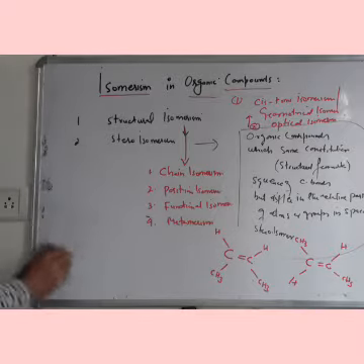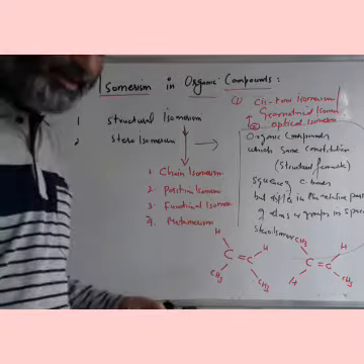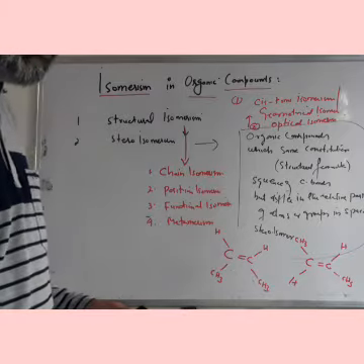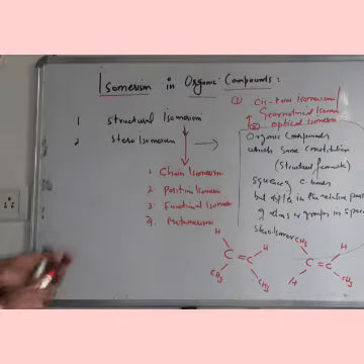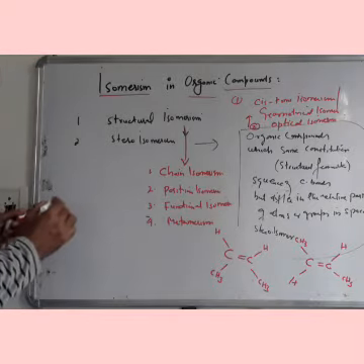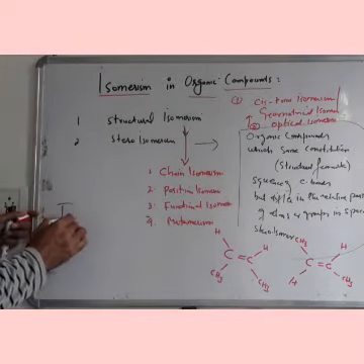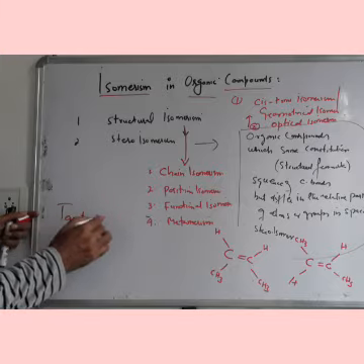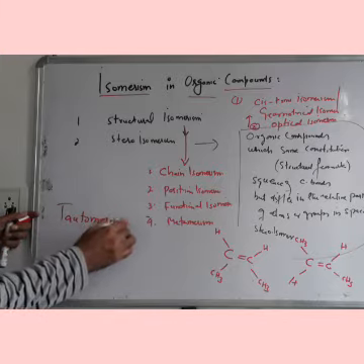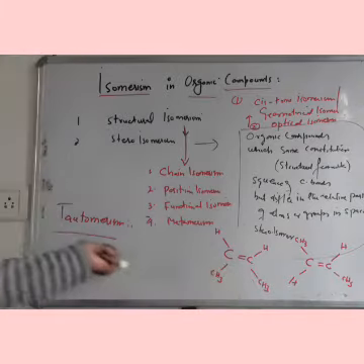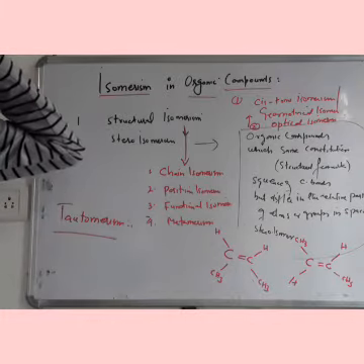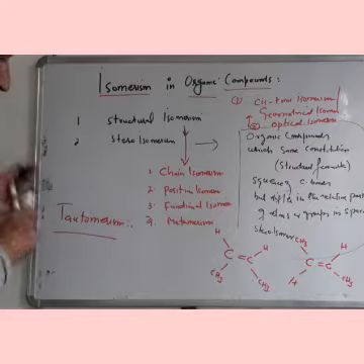So we have a special type of isomerism, known as tautomerism. It is a special type of isomerism, considered a type of functional isomerism.